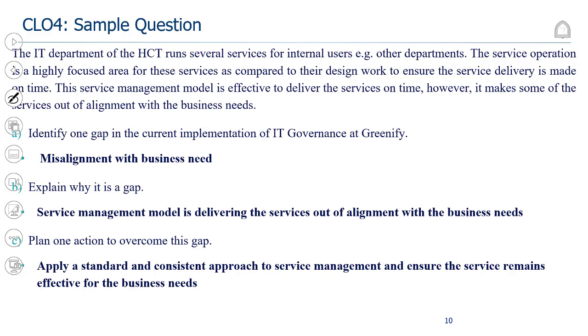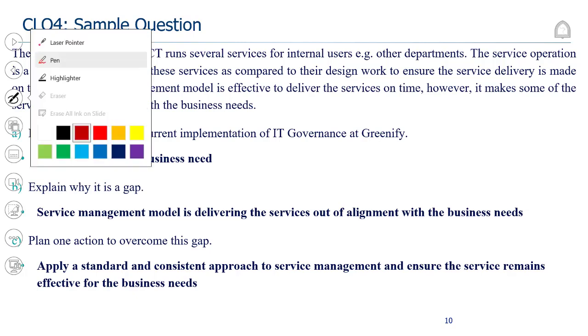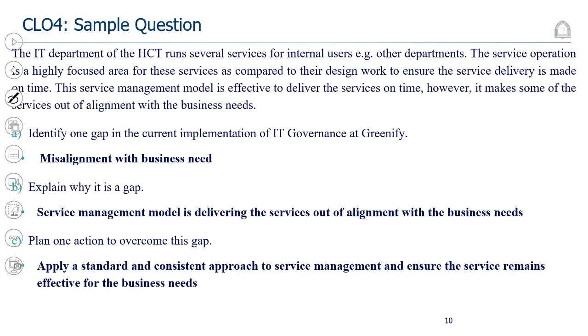Everything is okay. They seem to be doing things so well. But the problem is here. That statement there is where they make some of the services out of alignment. It doesn't matter how well you're doing things, but if you carve out services which are not aligned, then that's a problem. That's a gap.